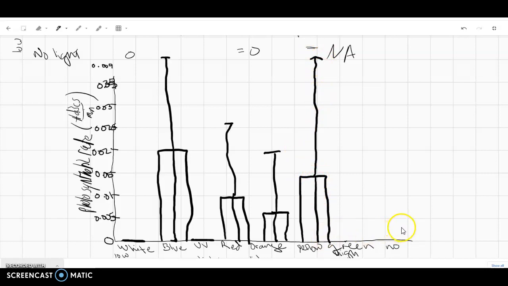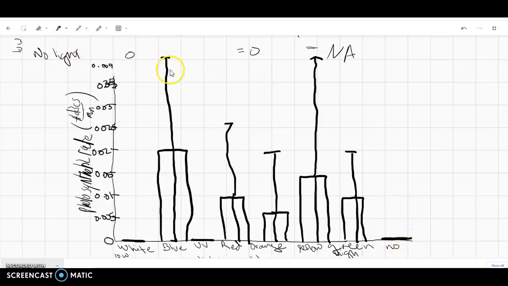And then green, we had an average of 0.01 and a standard deviation, sorry, of 0.01. So we go up and then all the way down. And then for no light, we had a mean of 0 again.